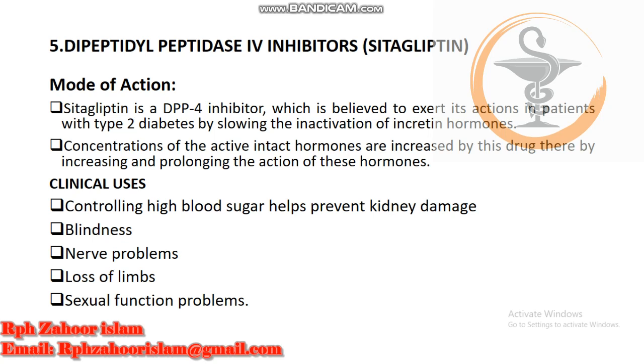Its main mechanism of action is as a DPP-4 inhibitor, which is believed to exert its action in patients with type 2 diabetes by slowing the inactivation of incretin hormones. The concentration of active intact hormone is increased by this drug, thereby increasing and prolonging the action of these hormones.